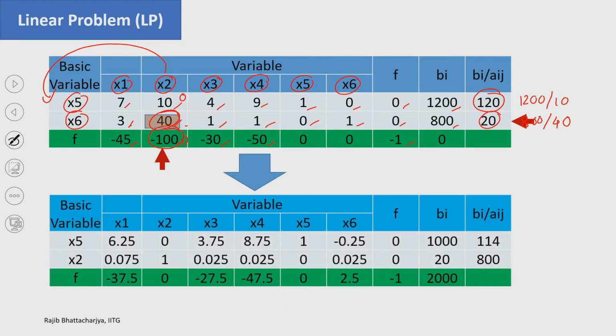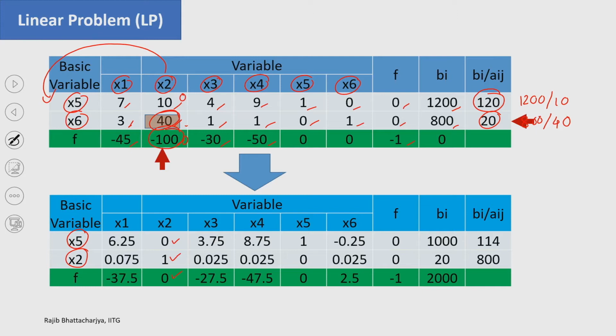Okay. So, if I do the row operation, finally I am getting this is 0, this is 1 and this is 0. Now, you just see x2 is entering into the basis. So, x2 is now a basic variable and x5 is also a basic variable, and the other variables, that is x1, x3, x4 and x6, are now non-basic variables.